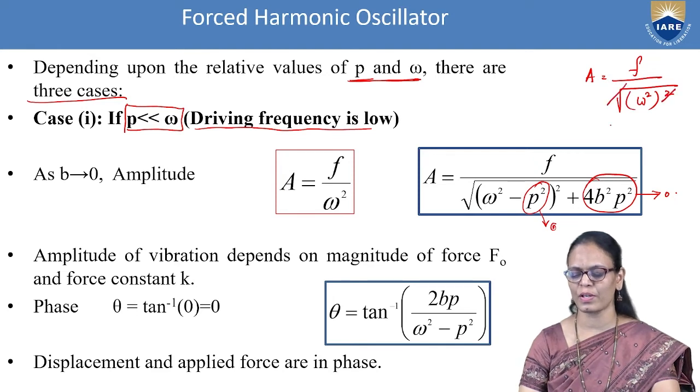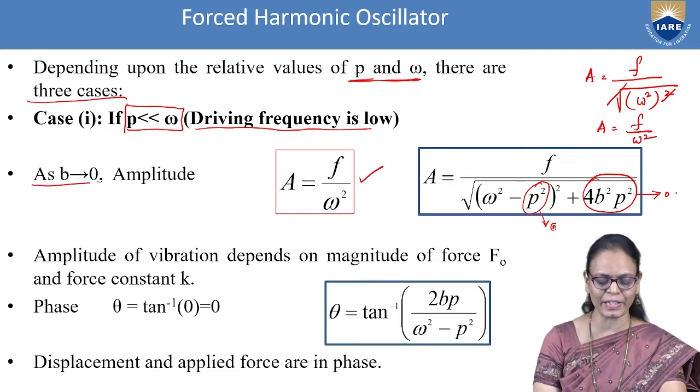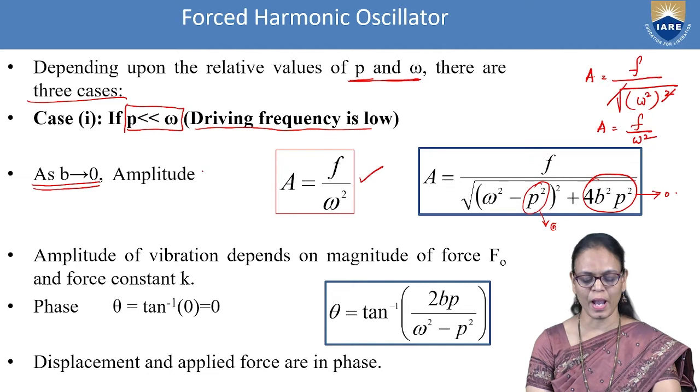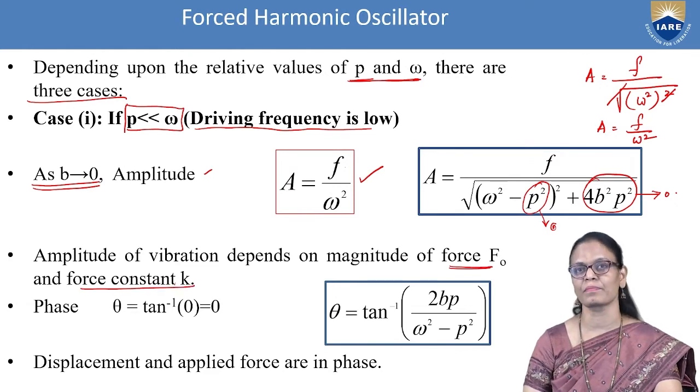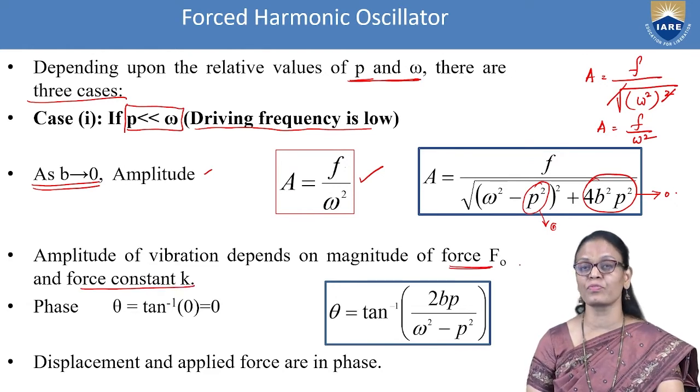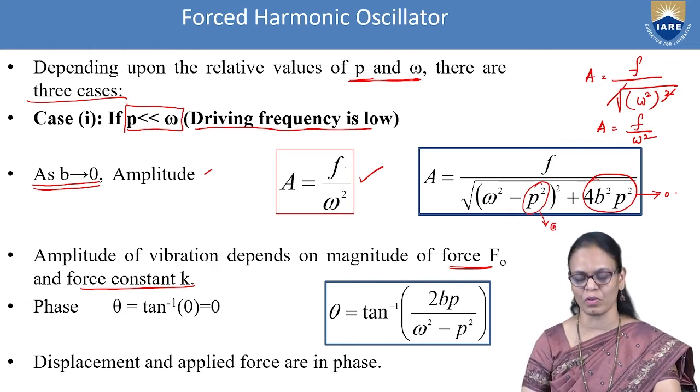So square and square root get cancelled, and we have A is equal to F upon omega square. So we are writing, as b tends to 0, the amplitude is given by A is equal to F by omega square. Now the second thing is the amplitude of vibration depends upon the force F naught and the force constant K.